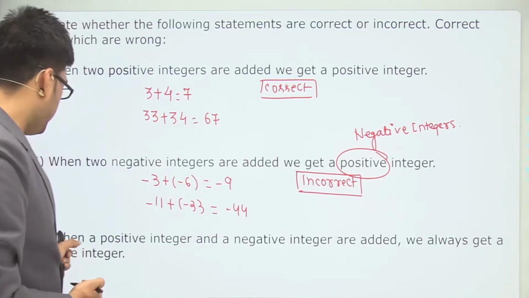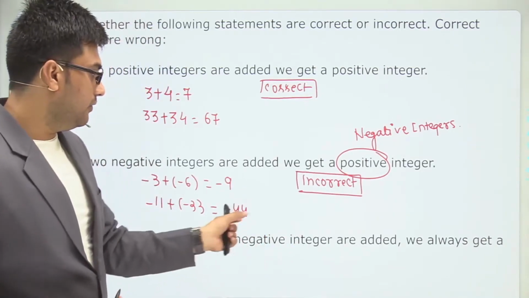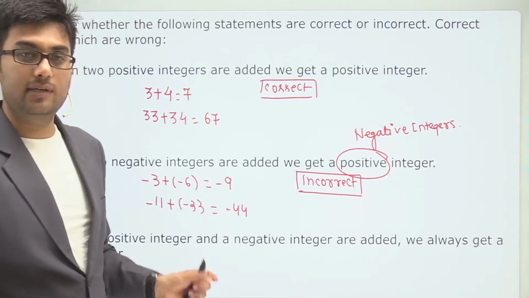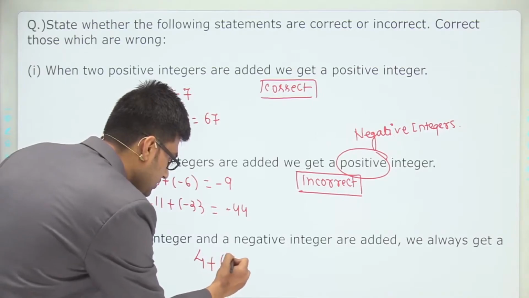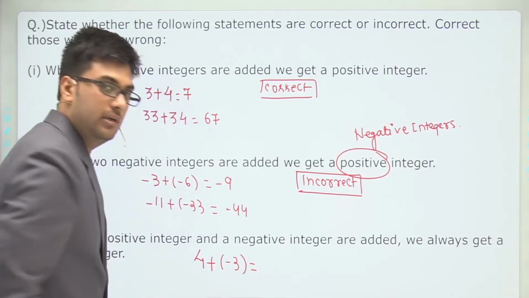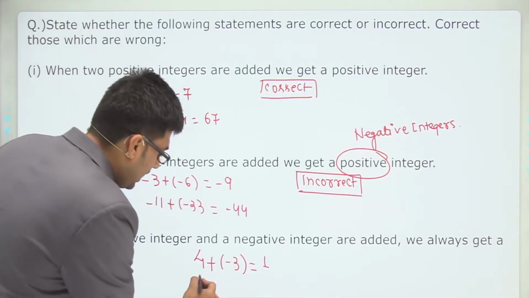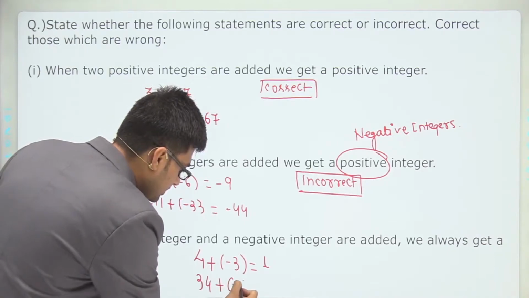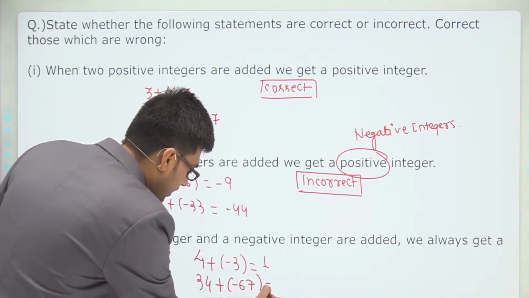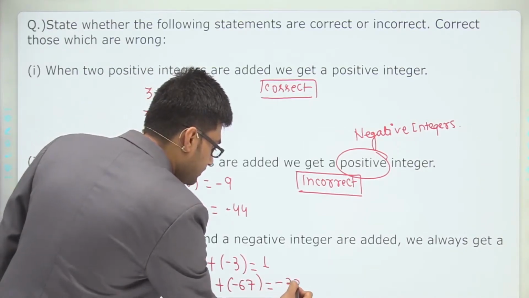Now, when a positive integer and a negative integer are added, we always get a negative integer. So students, 4 plus minus 3 is equal to 1, which is a positive integer. And when we add 34 plus minus 67, we get minus 33.